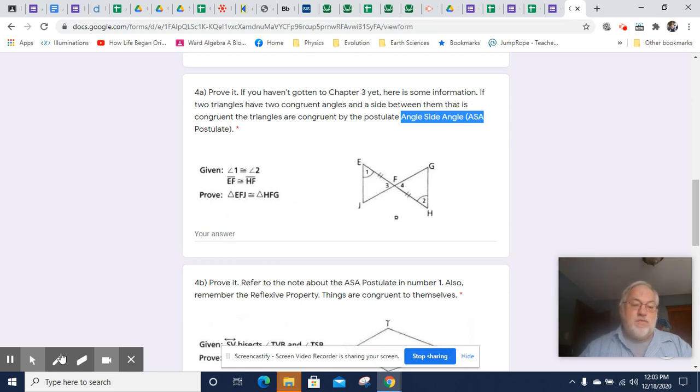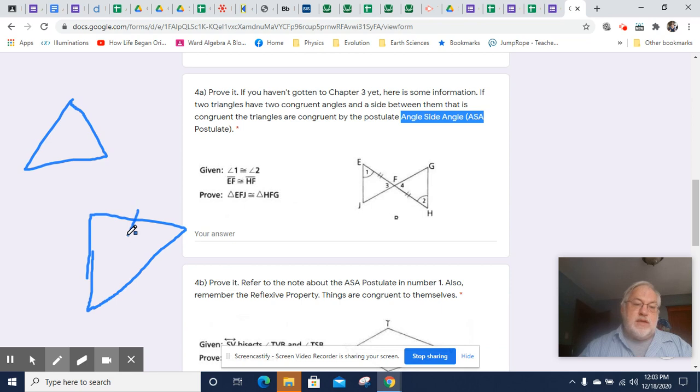And what that means for a triangle is if you have two triangles, and this side and this side are congruent, and this angle is congruent with, say, this angle, and then this other angle is congruent to this angle, then these two triangles are congruent.